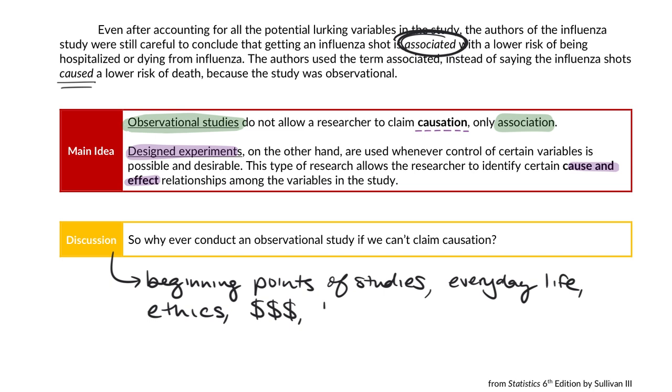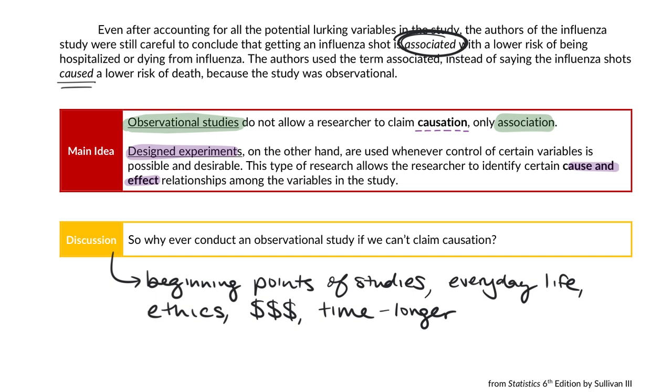They also have a benefit for time because they can go a lot longer than designed experiments. You can observe people for 10 years at a time, but if you were trying to influence their life for 10 years, probably somebody would stop coming to your study. They'd drop out. Okay? There are a lot of benefits to an observational study, even though it only gives us an association instead of causation.